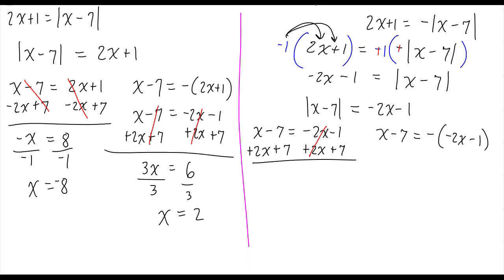Those would cancel. Those would cancel to leave me with 3x is equal to 6. This looks familiar. Divide both sides by 3. And x is equal to 2.